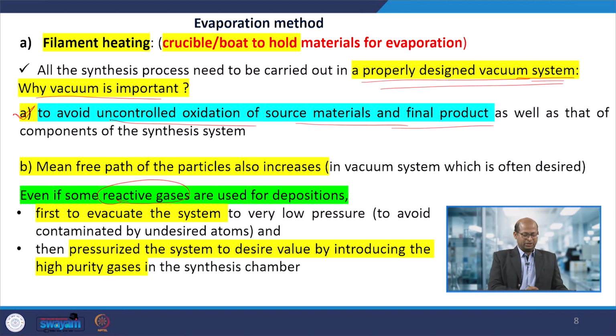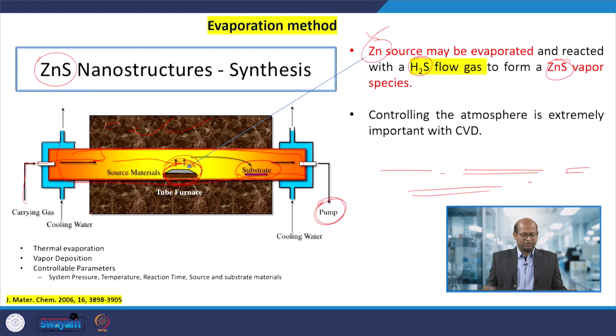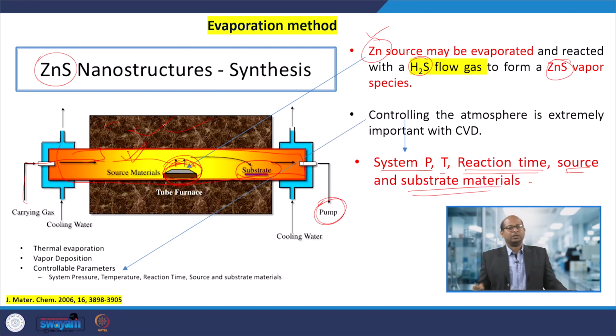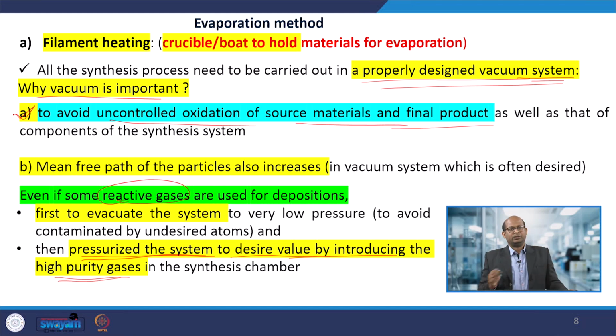So the reactive gas pressure is also very important. That means pressurizing the system to the desired value by introducing high purity gases in this particular chamber. So I said, in this particular chamber, the gases we are going to use are going to pass through this during evaporation of that material.